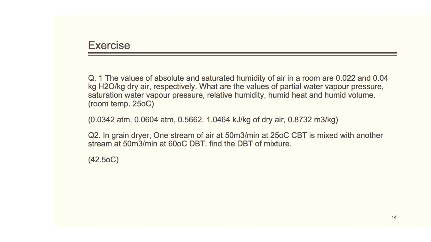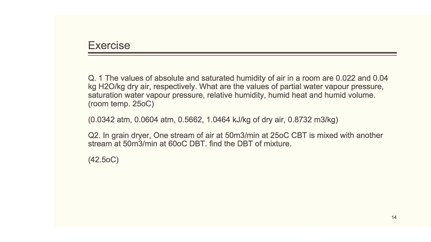Another problem says, in a grain dryer, one stream of air at 50 cubic meter per minute at 25 degree Celsius dry bulb temperature is mixed with another stream at 50 cubic meter per minute at 60 degree Celsius dry bulb temperature.